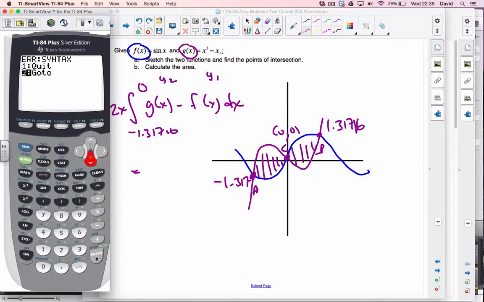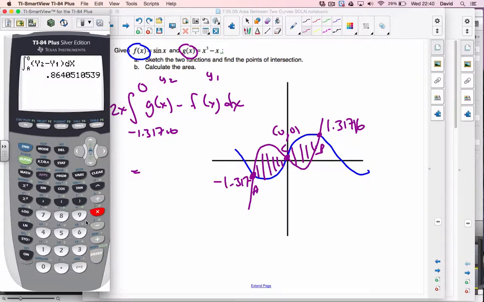And when I do that, I'm going to do y2, which is alpha y2, minus alpha trace y1. And I'm going to do that dx. Enter. Now this is my final answer.